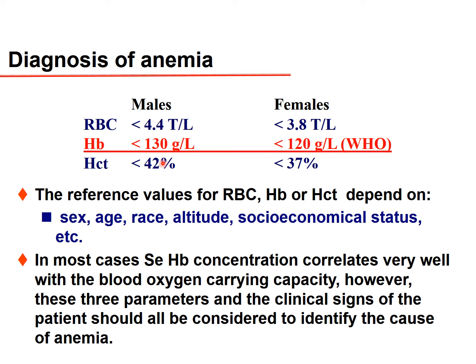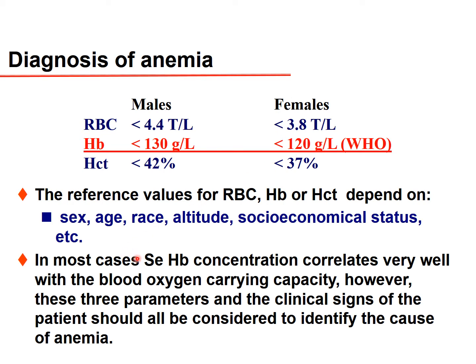If we fall below, this is what we call anemia. Usually we consider the hemoglobin concentration. This is what the WHO suggests. So if, for example, the male has less hemoglobin concentration than 130 gram per liter, and in case of the female, less than 120 gram per liter, this is what we call anemia.